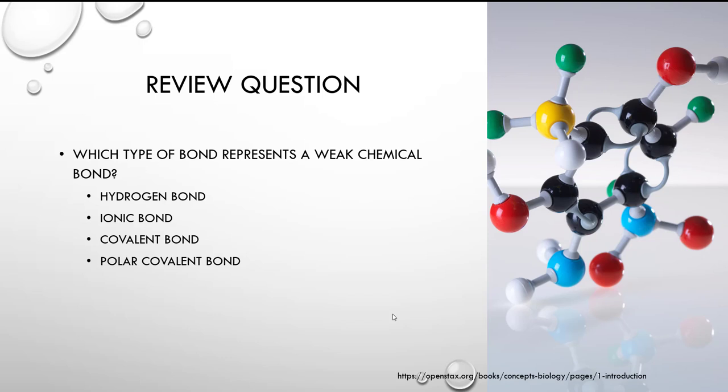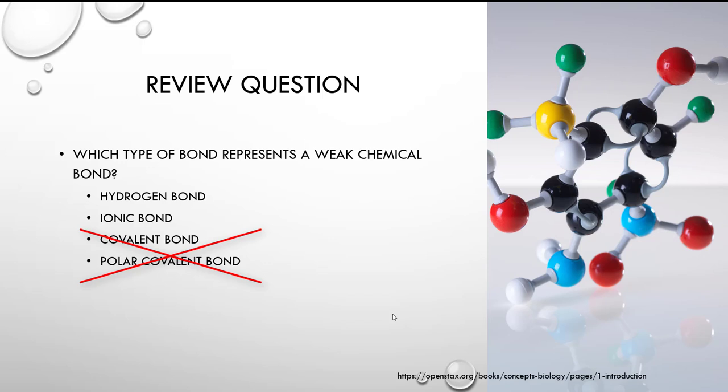Well, I would definitely scratch the bottom two, right? Because covalent bonds are strong bonds. So ionic bond and hydrogen bond. So weak chemical bond. So which one of these two, the hydrogen bond and the ionic bond, are chemical bonds?